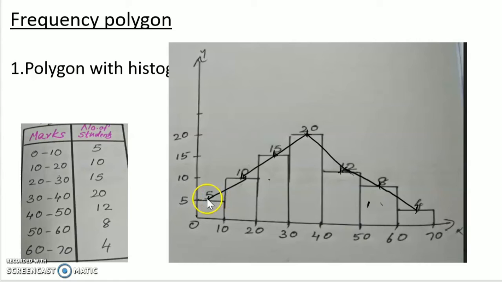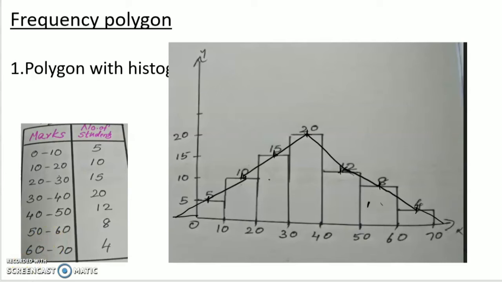So to compensate that, we have to extend this point to include the other area. Then only the total area under histogram would be equal to total area under a polygon. So I'm just extending this point to here. Okay, and from here also I'm extending that line to here. Okay, this is frequency polygon with a histogram.